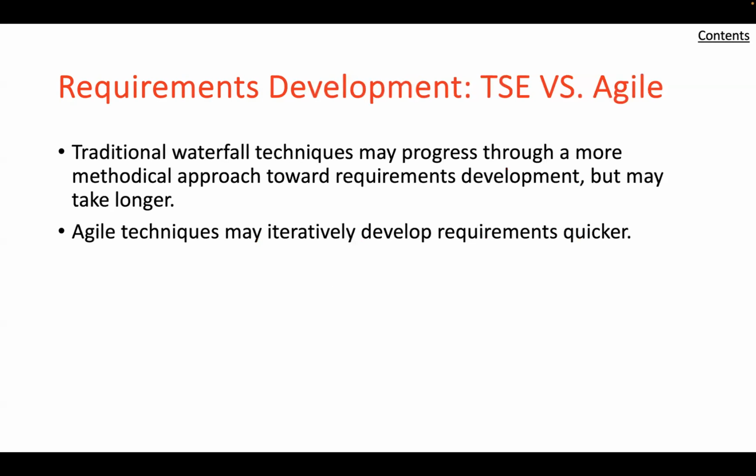Okay, the final thing that we'll cover here is requirements development, considering traditional system engineering versus agile. Traditional system engineering, or TSE, will often take a waterfall approach towards developing new requirements, ensuring that the appropriate stakeholders have been consulted, considering the various operational environments and future threats for which the new system will be designed.